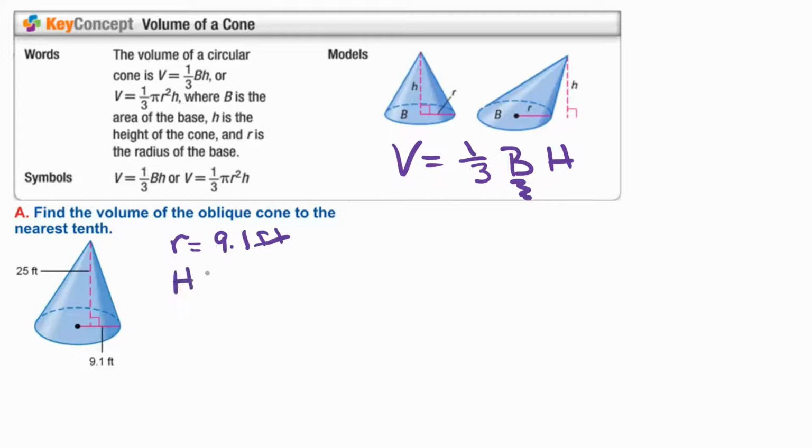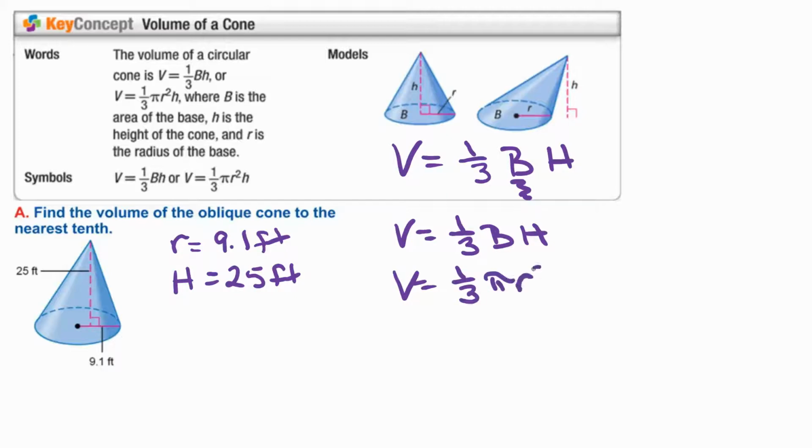The height of the cone is 25 feet. So volume equals 1/3 times the area of the base times height. The area of the base is pi r squared. So volume equals 1/3 pi 9.1 squared times 25.